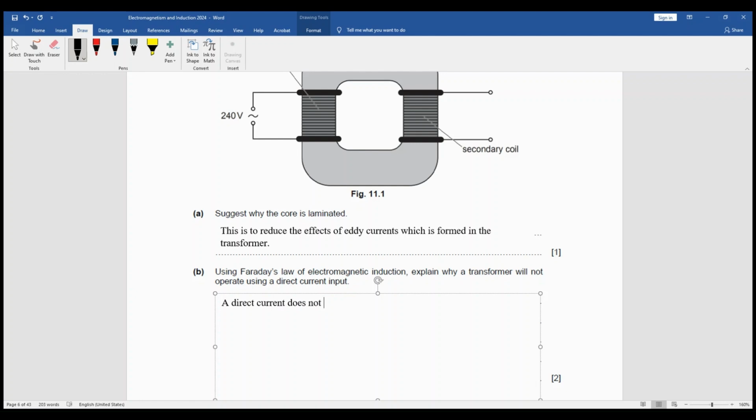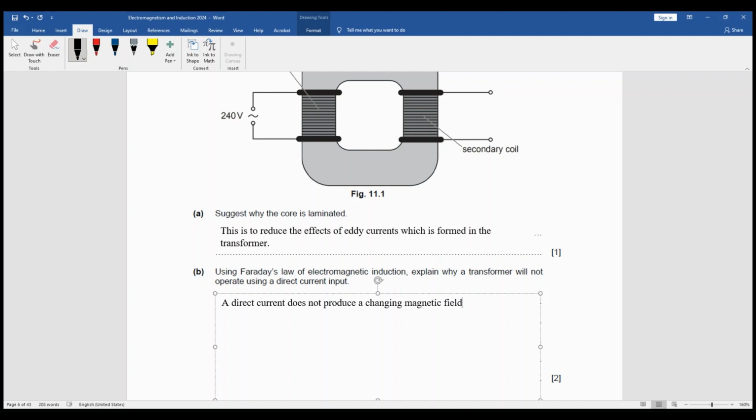A direct current does not produce a changing magnetic field. The magnetic field is actually very stable. In contrast, an AC will produce a changing magnetic field.